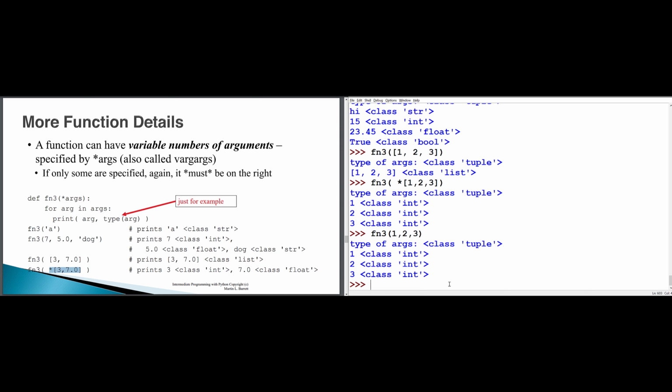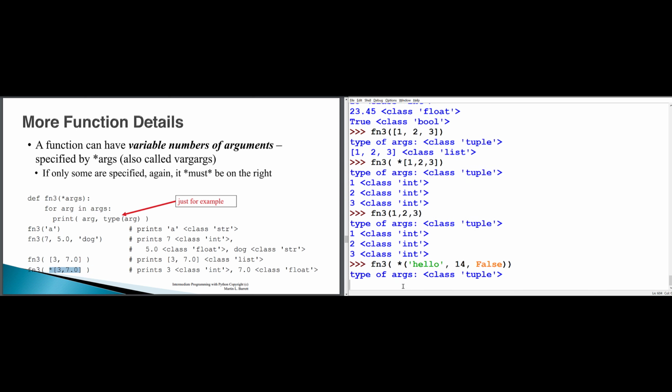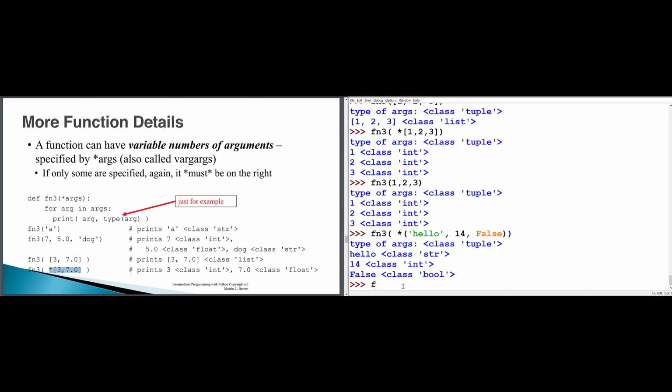That's something that I think I did not mention in my intro course, but it works for any kind of collection. If I say fn3 star and then I have a tuple, that's the same as saying fn3 and then giving the individual argument values, hello, 14, and False. All right.